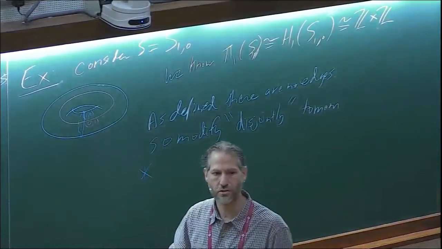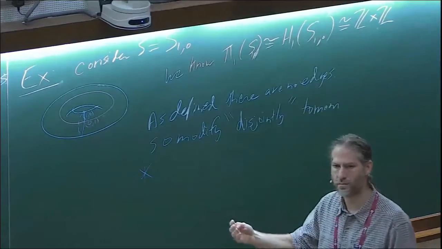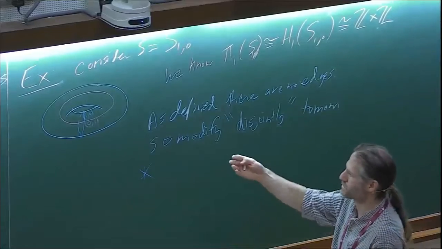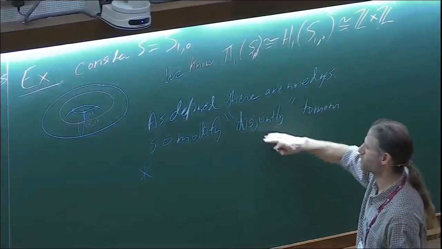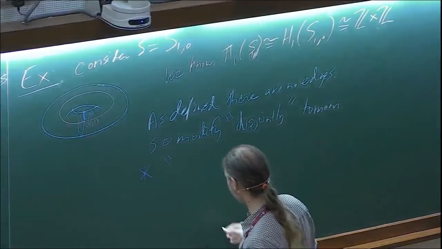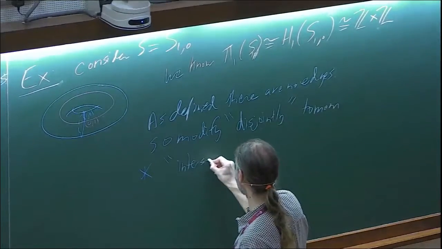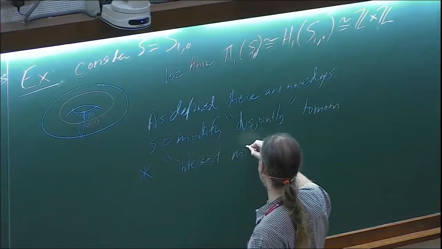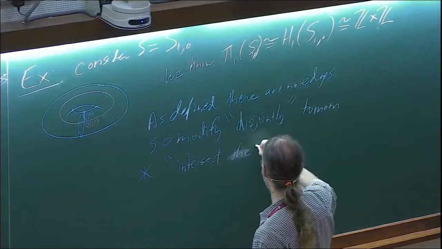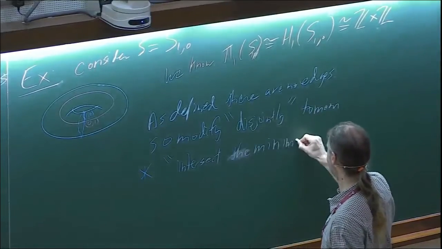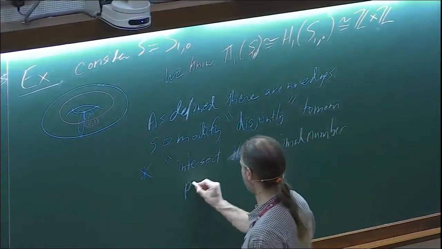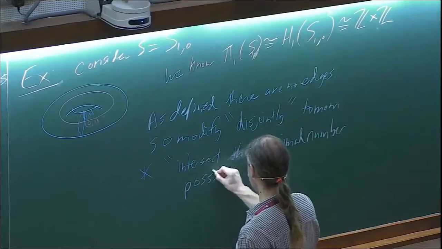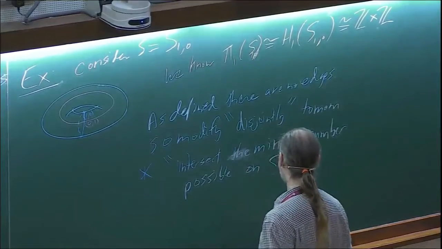So instead of saying disjointly, which would mean intersection number 0, let's just say intersection number 1. So instead of disjointly, we say intersect the minimal number possible on the surface, on S.